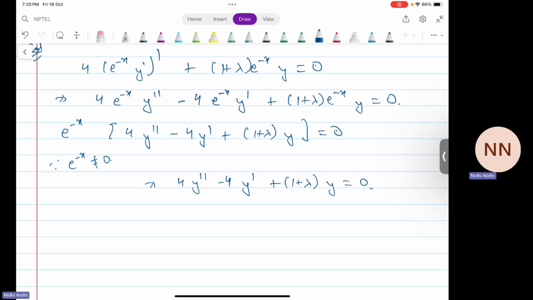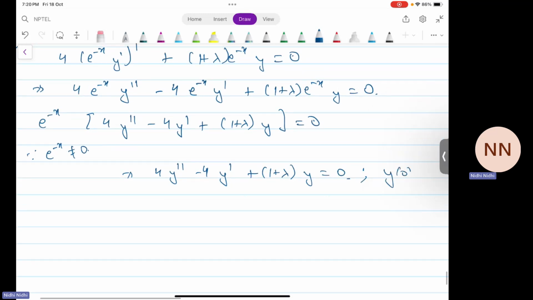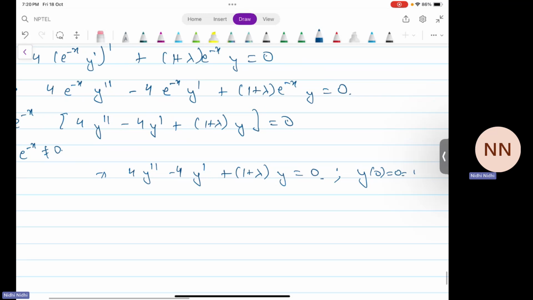Along with this we have the boundary conditions y at 0 equals 0, which is equal to y at 1. Now this is a second order homogeneous linear differential equation with constant coefficients. We know how to solve such an equation. We start with an auxiliary equation, look for its roots, and using those roots we can find the solution.